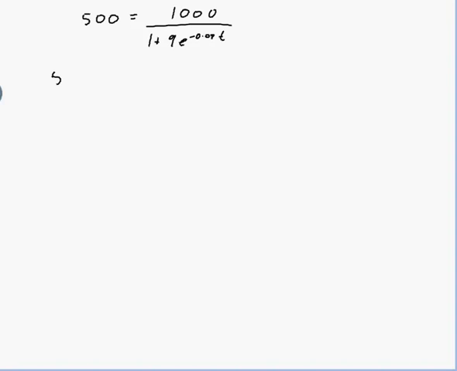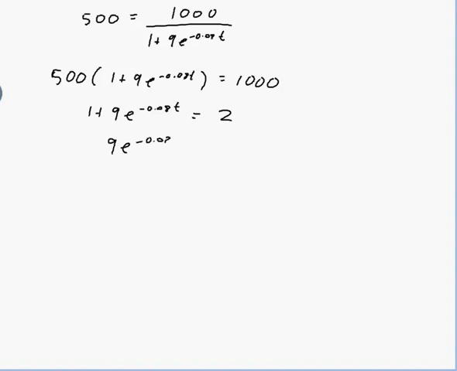So we get 500(1 + 9e^(−0.08t)) = 1000. So if we divide both sides by 500, we'll get 1 + 9e^(−0.08t) = 2. So 9e^(−0.08t) = 1.